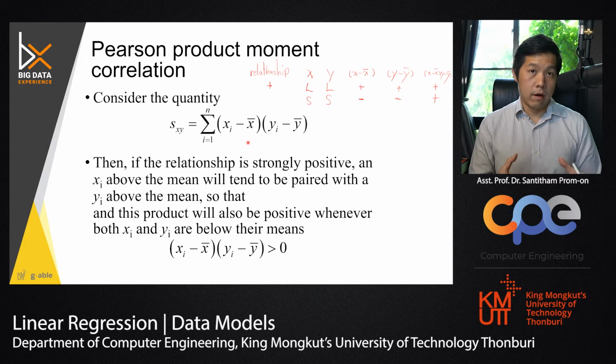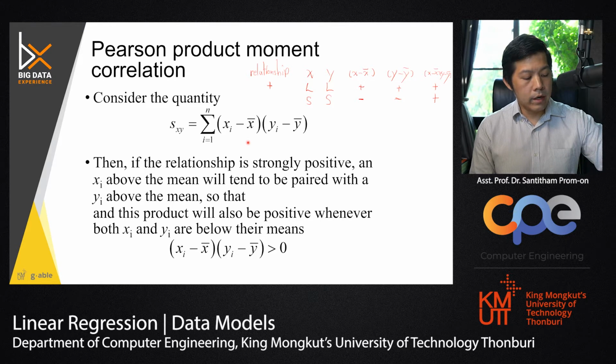When you sum them all, you would get an overall positive value here, right? On the other hand, if you have a negative relationship, you have large x paired with small y, and small x paired with large y. Let me draw a separation boundary here.